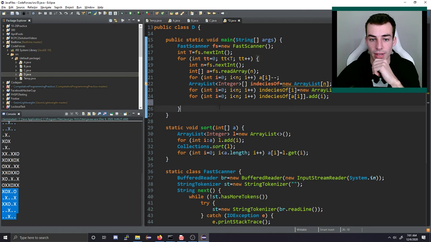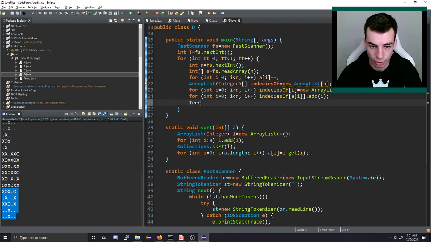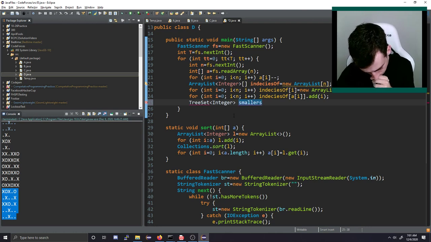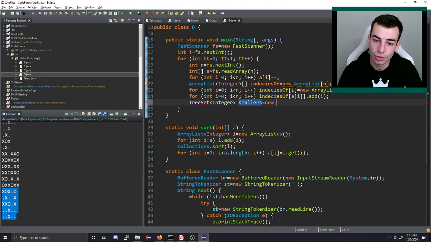Okay, so now a tree set of integers, infinities or smallers. Yeah, that's what I want. New tree set.